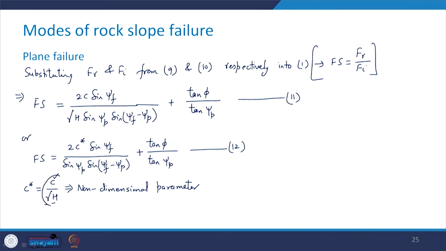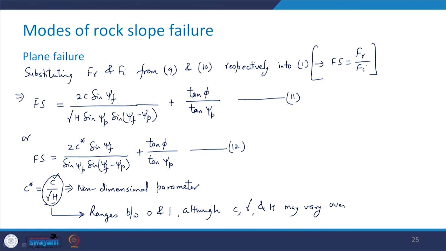So, this whole quantity will become a non-dimensional parameter, and this quantity ranges between 0 and 1, although all these three parameters, that is c, gamma and h, may vary over a wide range. So, this helps in representation of the results.